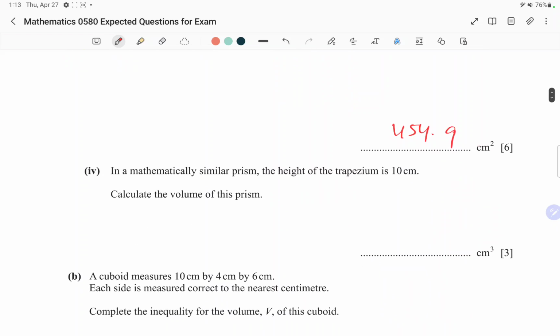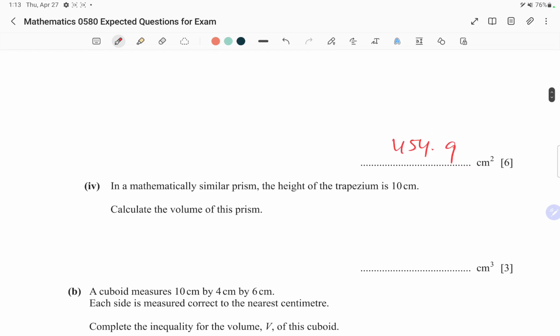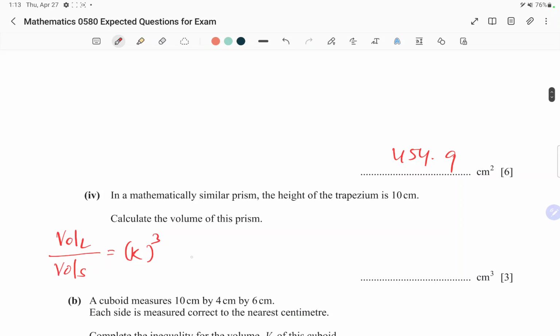Next question says, in a mathematically similar prism, the height of the trapezium is 10 centimeter. Calculate the volume of this prism. So what we can write here: volume of larger prism over volume of smaller prism is K cube, where K is, I should explain K over here, the height of larger prism over height of smaller prism.